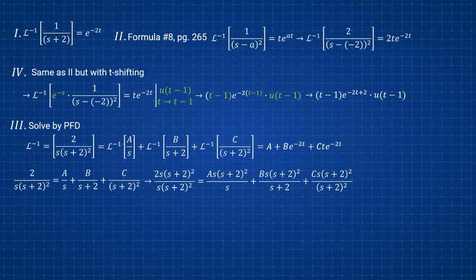All I'm doing here is multiplying the top of 2 by s times (s plus 2) squared times everything else, so that then we can start simplifying and solving.